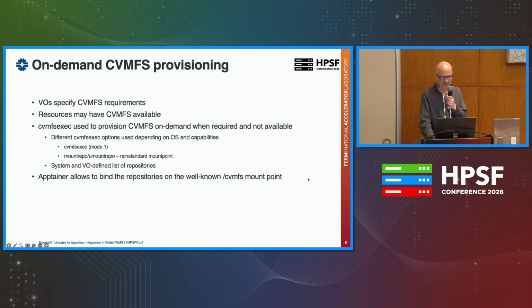Mount repo utilities also work in other environments where you have fewer capabilities, but the problem is that since we always run the Glidein as regular users, you have to mount CVMFS on an arbitrary directory that you own. It cannot be mounted on /cvmfs. Most of the experiments or system or user software expect CVMFS mounted in /cvmfs.